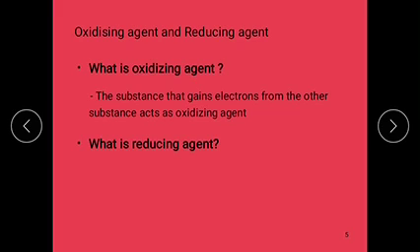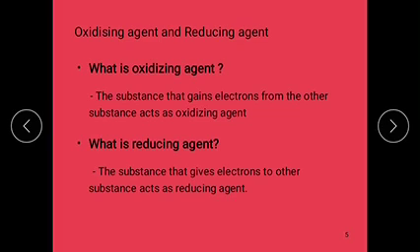And next, what is a reducing agent? The substance that gives electrons to another substance acts as a reducing agent. It means the substance has electrons and gives them to another substance, so it is called a reducing agent.